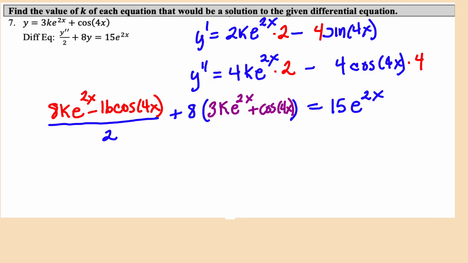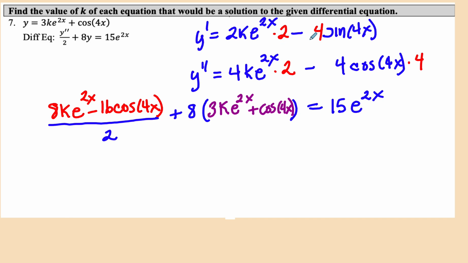All right, let's take a look at finding the value of k of a function. This is a constant that's being multiplied, and we want to find it when we know the differential equation. So what we're going to do is take the derivative of this function and just regard k as a constant. So I'm going to take the first derivative, and e to the 2x, the derivative, don't forget the chain rule, is 2.